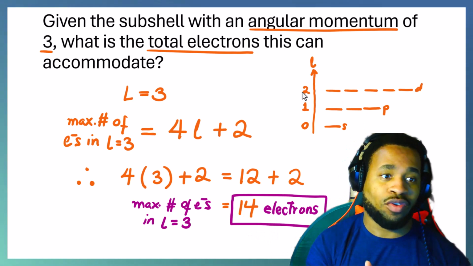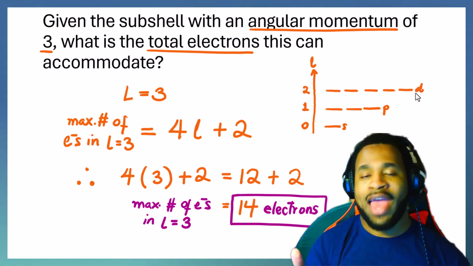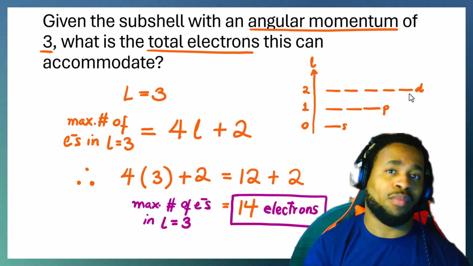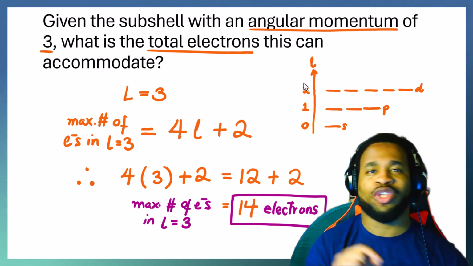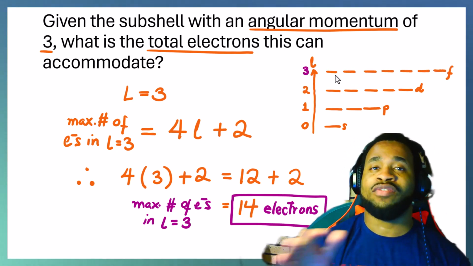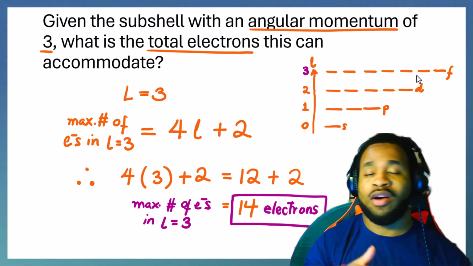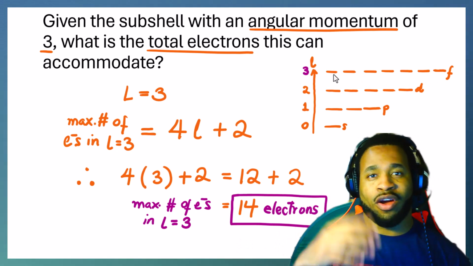When you get to the number 2, which represents the d orbitals, this will accommodate 10 electrons in total. And finally, for our target question, L equal to 3 is going to have 7 sublevels, which are all focusing mainly on the orientation.